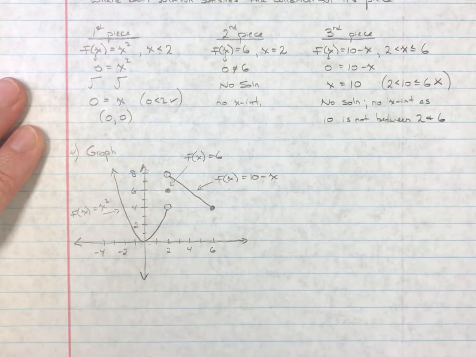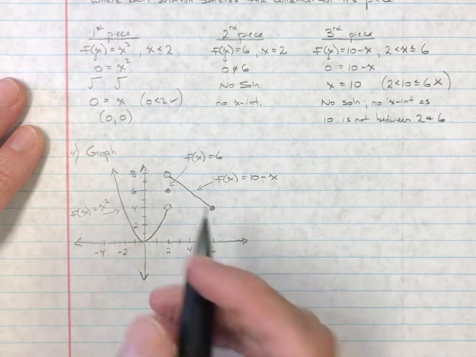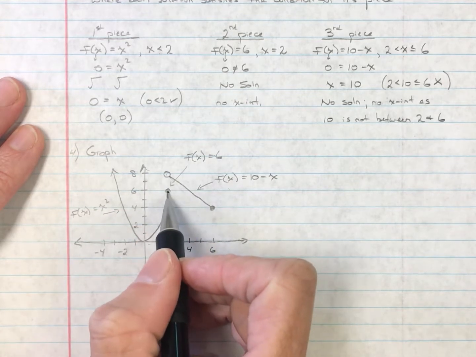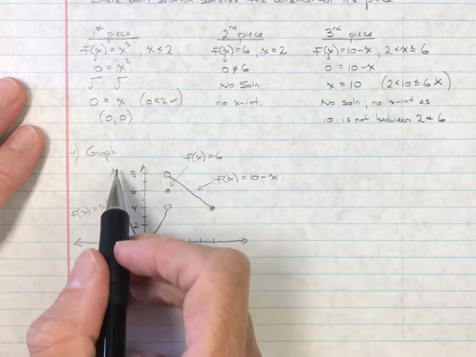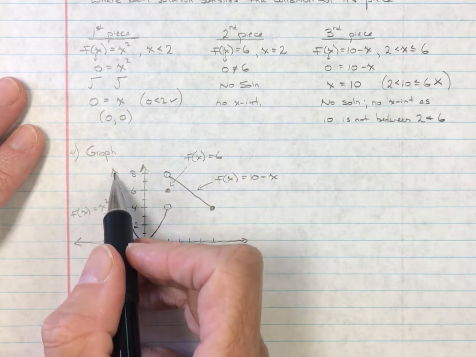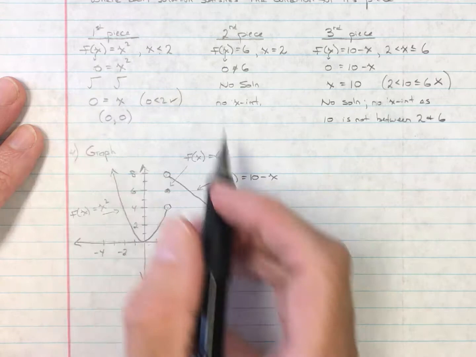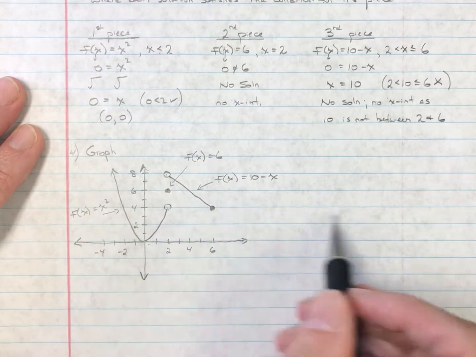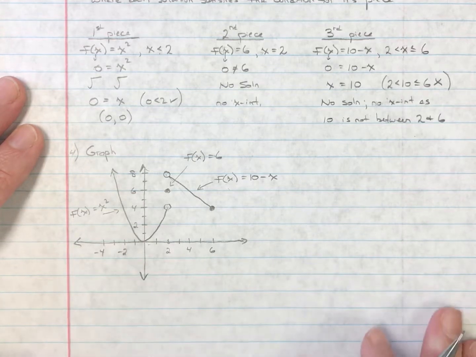So you've got to graph each piece and then be careful about how you have holes, or dots, in this case single points. This one goes up to positive infinity forever. This one stops at 6. There's nothing further to the right, etc.